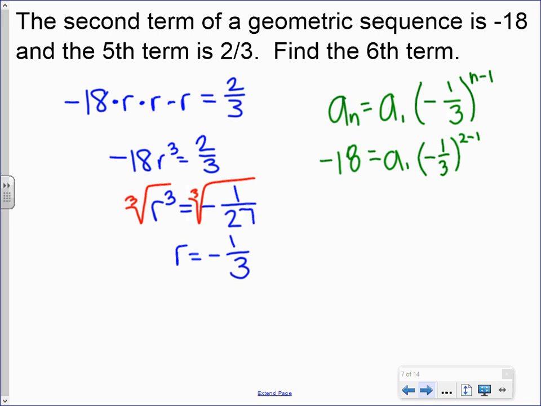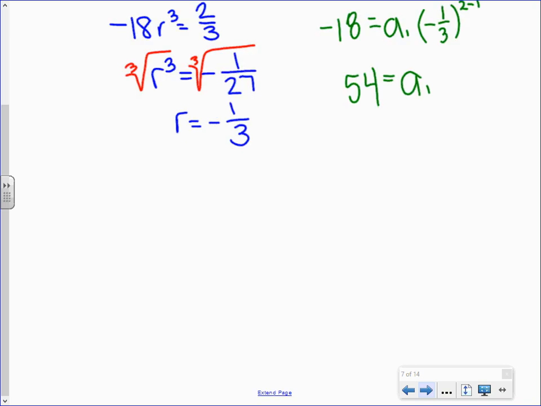So now we can solve for that first term. So for our a sub n, our explicit definition would be 54 times negative 1/3 to the n minus 1.